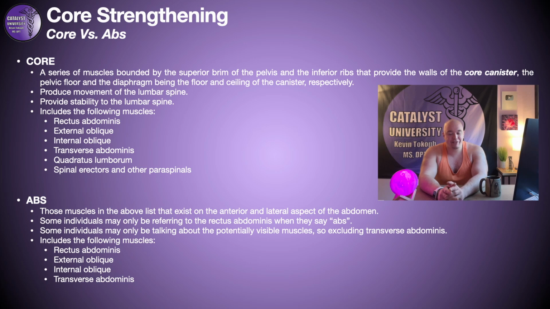However, in the vast majority of scenarios, unless stated otherwise, when people talk about the core, they're usually referring to the front and lateral muscles, the rectus abdominis, the obliques, both of them, and the transversus abdominis. Those are usually what people are referring to as the core musculature. When people talk about the abs or abdominal muscles, those are certainly the four that they're talking about. Usually abs doesn't refer to the quadratus lumborum or the paraspinal muscles on the backside. But technically the core is all of those.